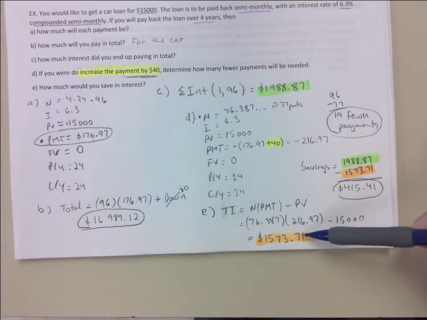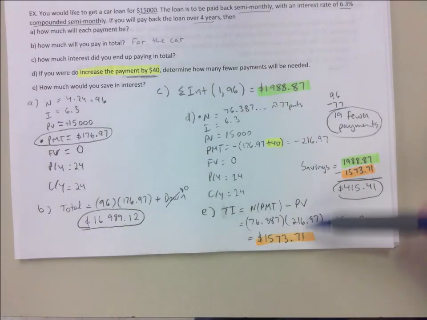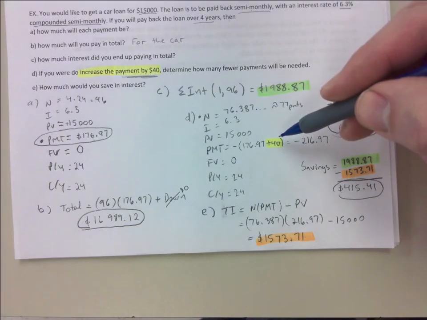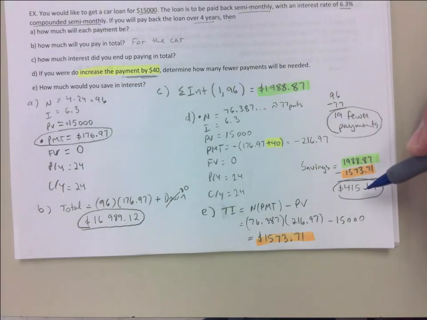This would be the answer. How much have you saved? You want to subtract from the previous. So $415 in your pocket. Instead of giving this to the bank, you have that now in your pocket. And you can do what ifs. What if I put $100 more every paycheck? You probably save even more, right? So the more you do, the better.